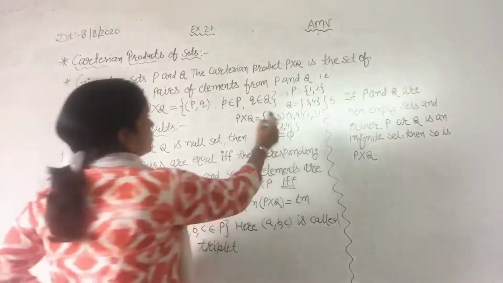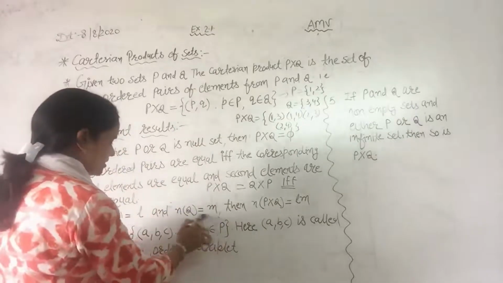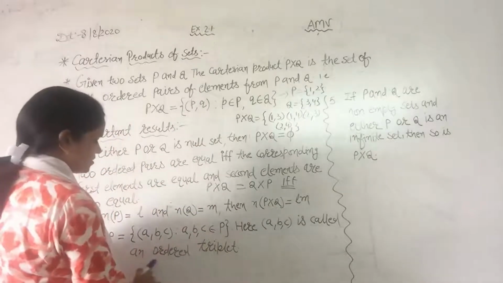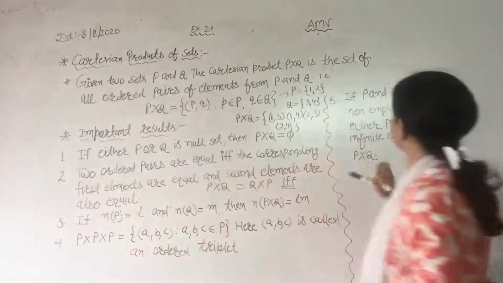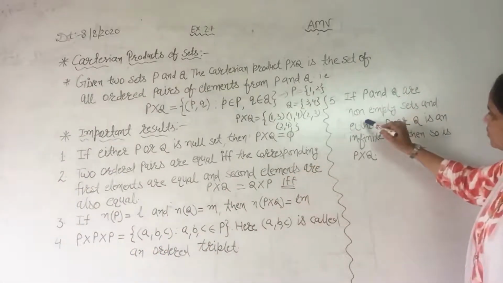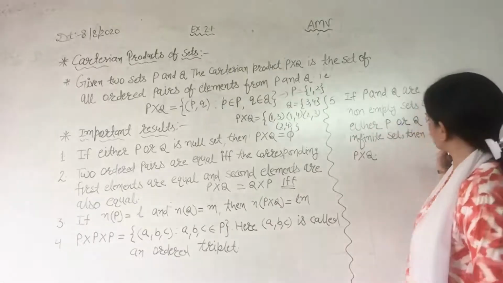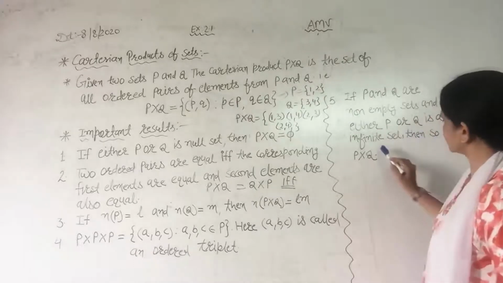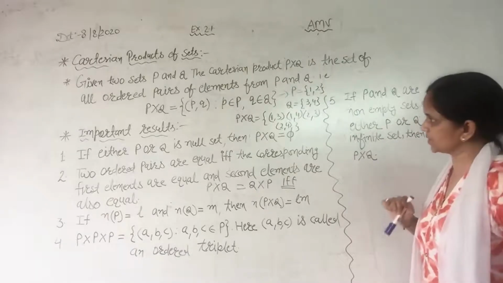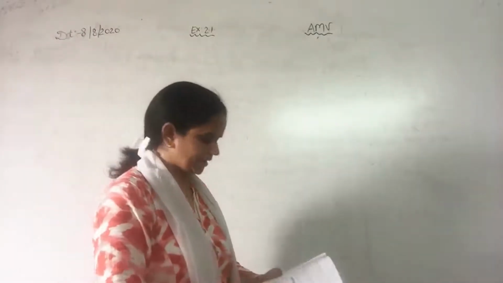There are 2 elements, students, so it is an ordered pair, and there are 3 elements, that's why it is known as an ordered triplet. Next, if P and Q are non-empty sets and either P or Q is an infinite set, then so is the Cartesian product P×Q. Now let's start exercise 2.1.